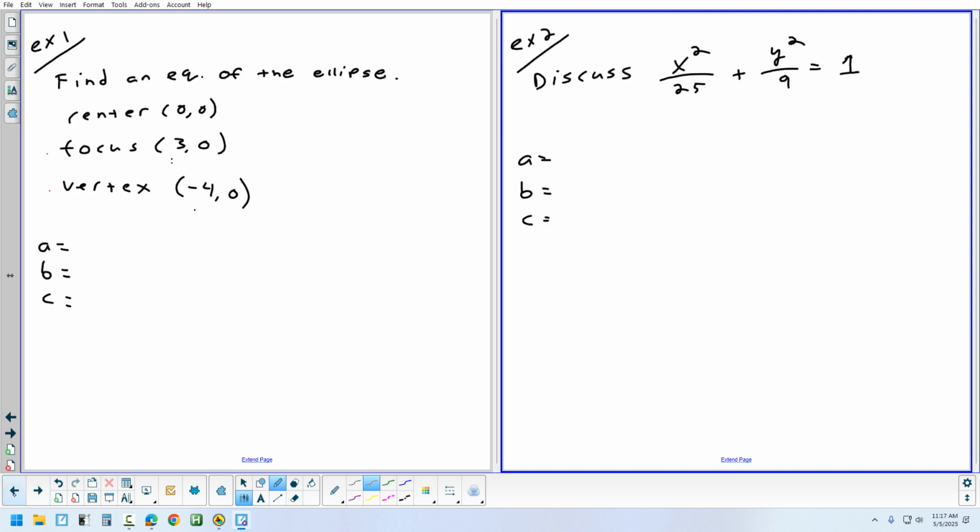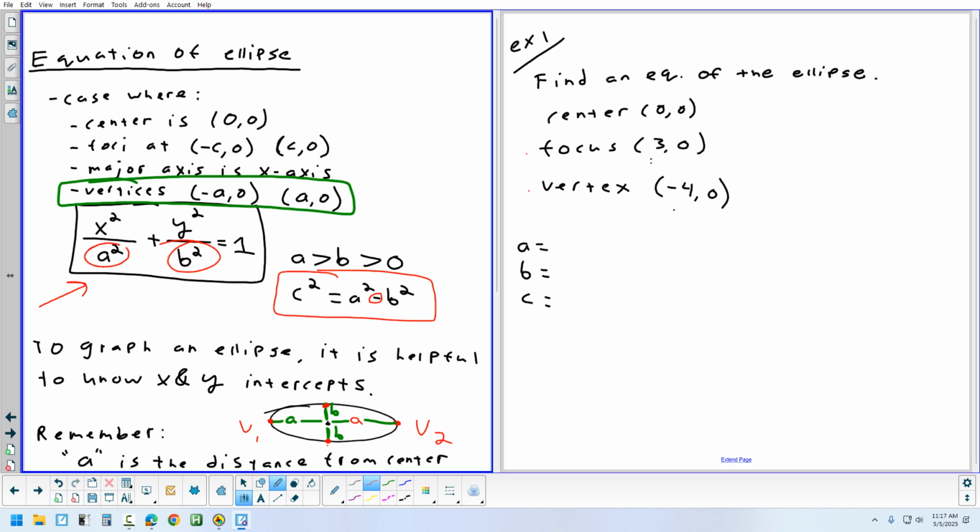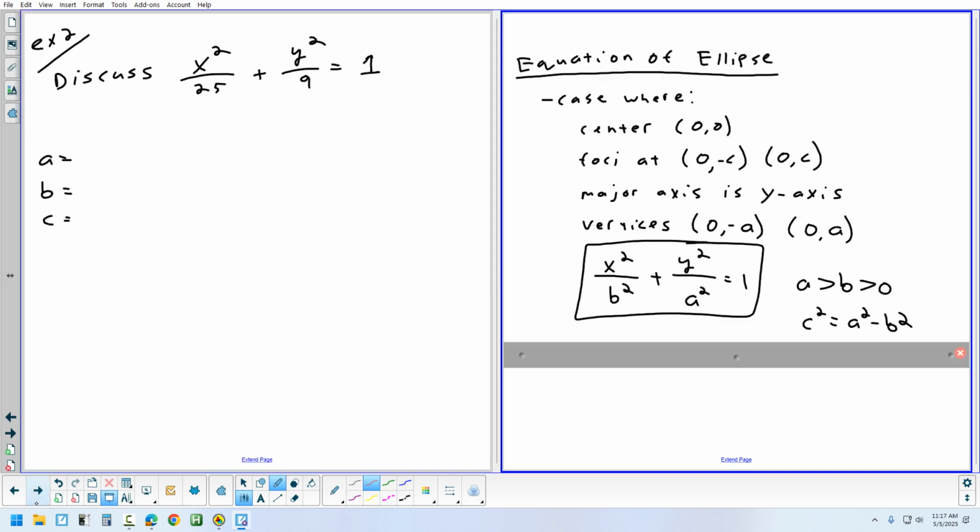Right. Wherever the A is, that tells you the direction of the major axis. A is the bigger number. If A is under x, the major axis is going to be the x. When you put A under y, the major axis is going to be the y. So this kind of ellipse is going to go up and down because A is under the y.